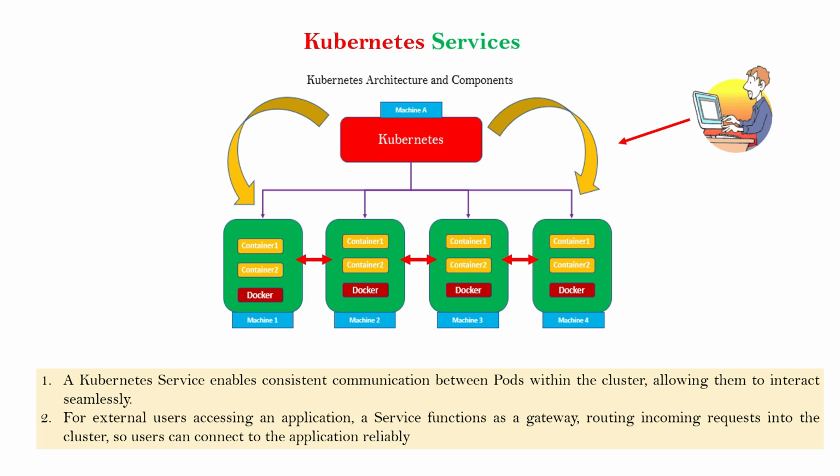Then users can access the application with the help of the DNS of your load balancer. Similarly, if users access applications from outside your Kubernetes network, we define services, and with the help of services, clients can access the applications deployed in the Kubernetes cluster.